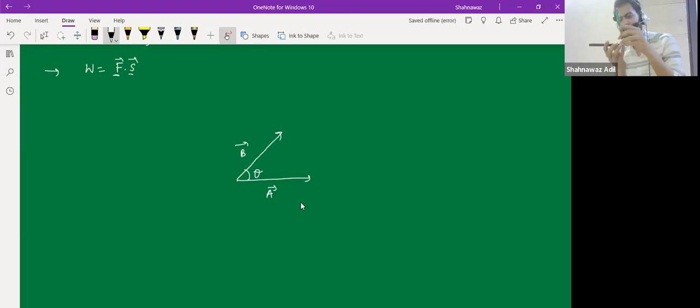If I project this B on A, it means that I bring this vector B in this direction, so I have projected this vector on the side of this A. This is called the projection.